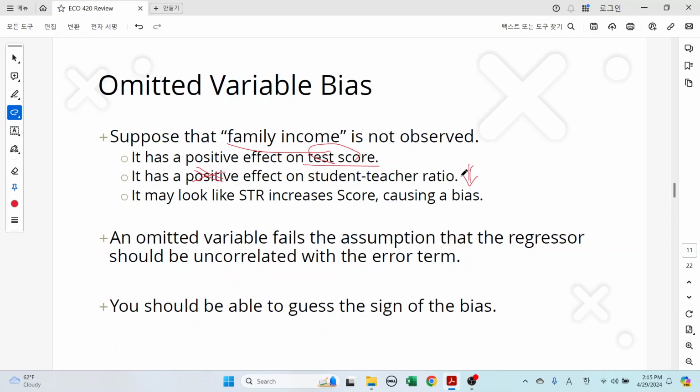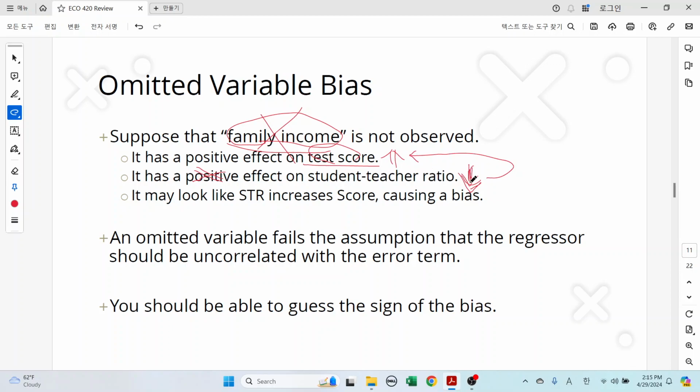Then suppose that it may look like when student to teacher ratio is low, then test score is high. That is because of family income, but because as we do not observe family income, it may look like lower student to teacher ratio implies test score, even if it doesn't.